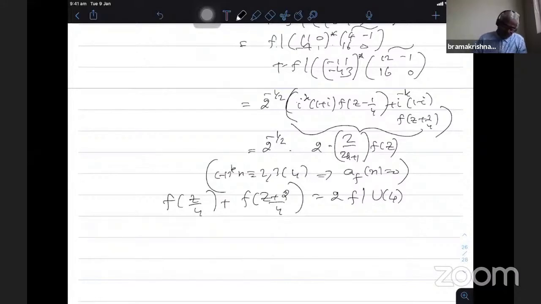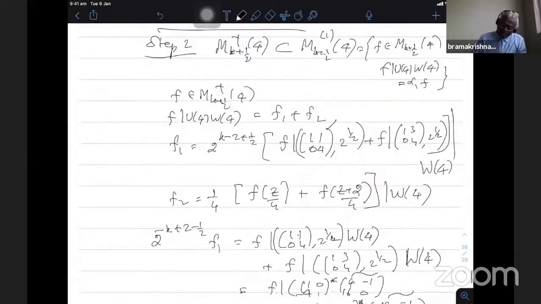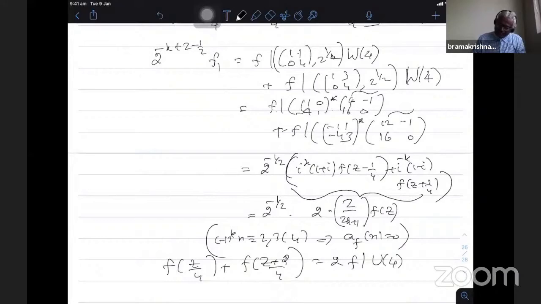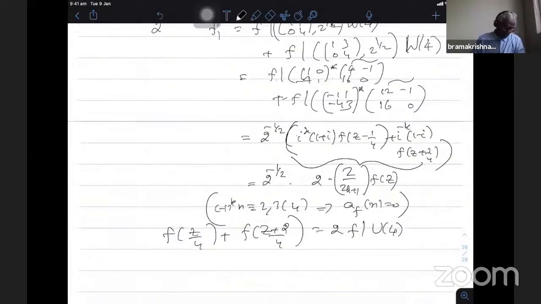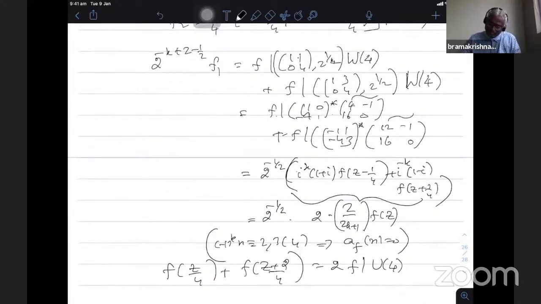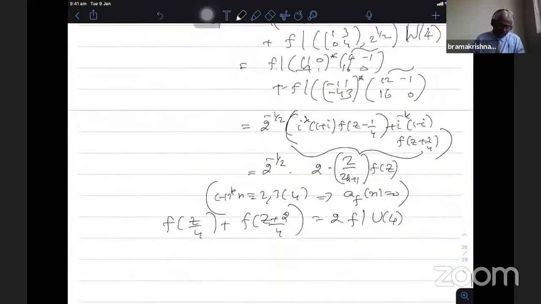So combining these two things, f bar u4 w4 is written as f1 plus f2. f1 we calculated, f1 is some constant times f again, and f2 is again constant times f bar u4. Actually inside I only wrote u4, there is a w4 outside, so this f2 is u4 into w4.